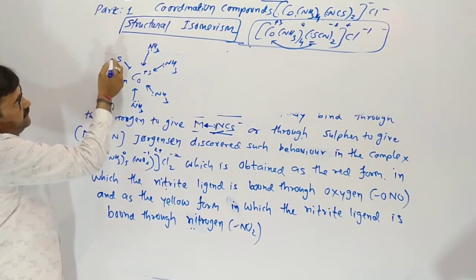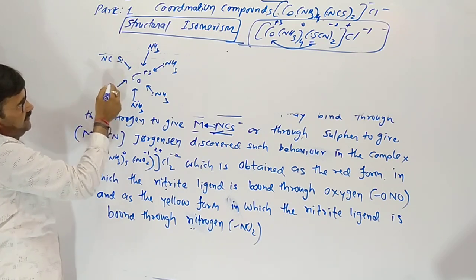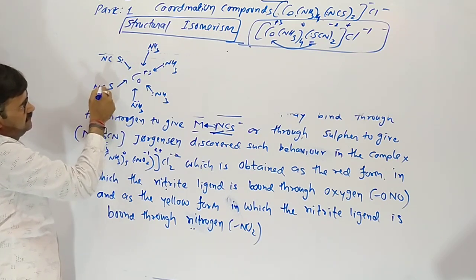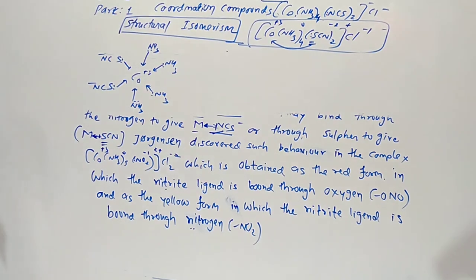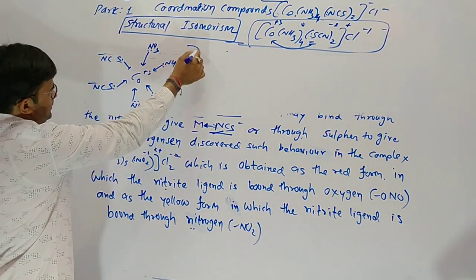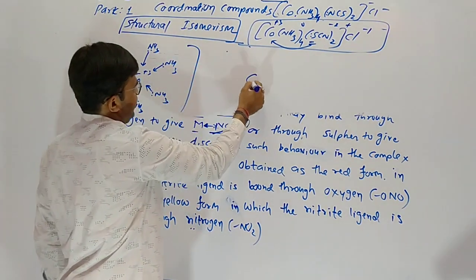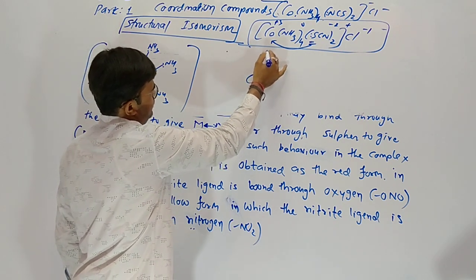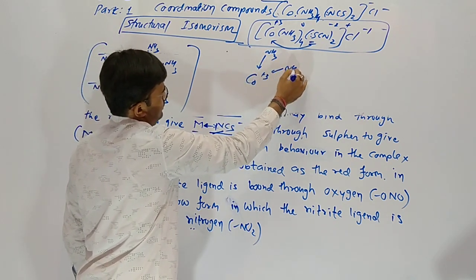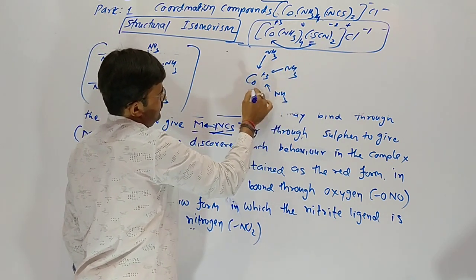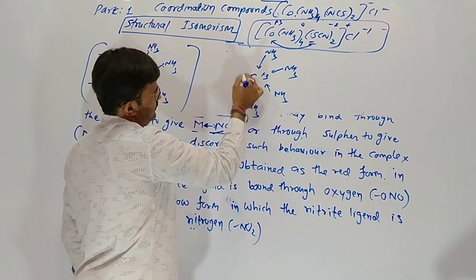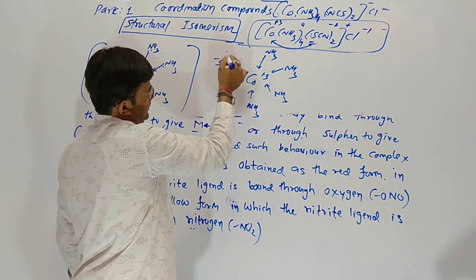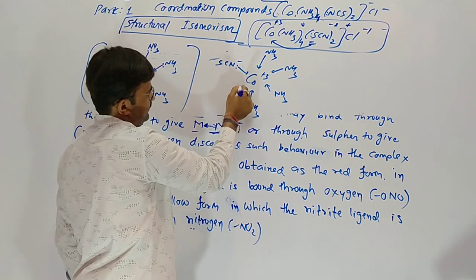And here sulfur is donating the electron pair. So that is the first one. In the second case, there are 4 amines, but here nitrogen is donating the electron pair.